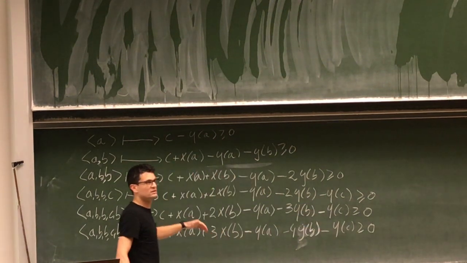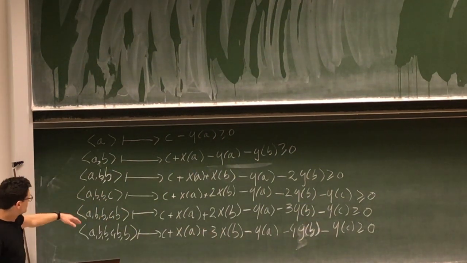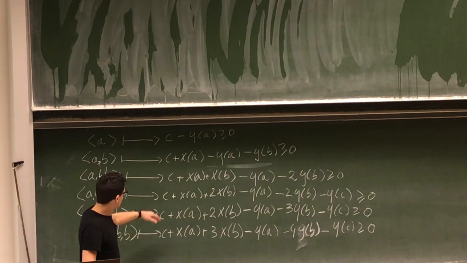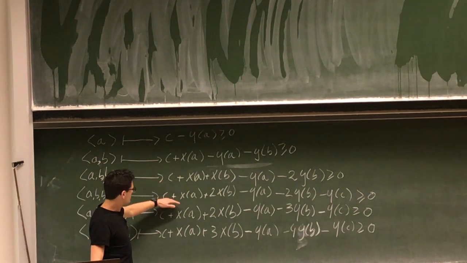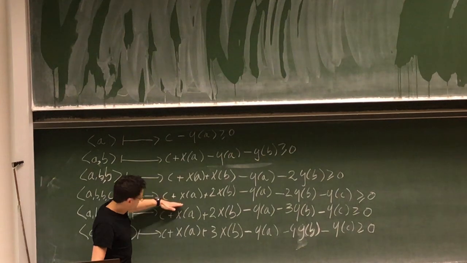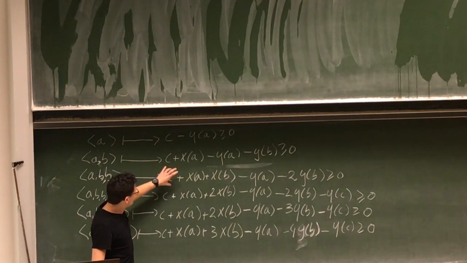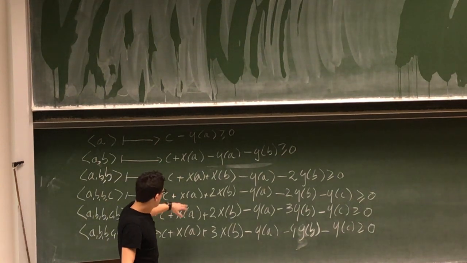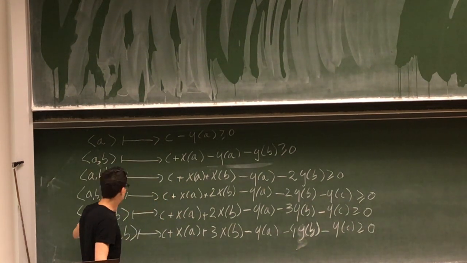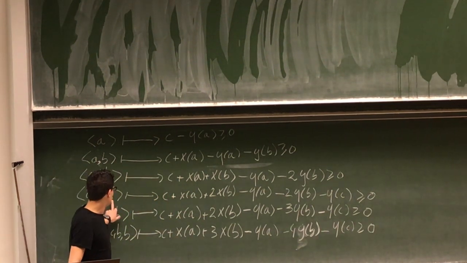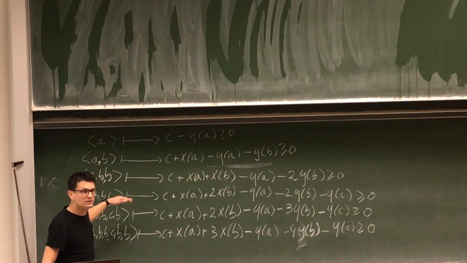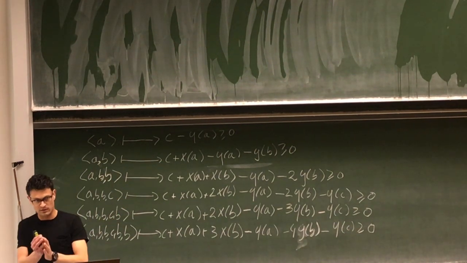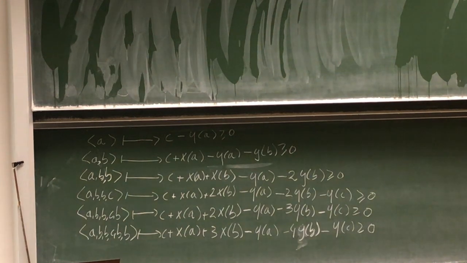I hope you start seeing that the constraint or inequality at this level is basically the one of the previous level, but on the x side we add this b, and on the y side we add this c. That is constantly what's happening, so you kind of grow.